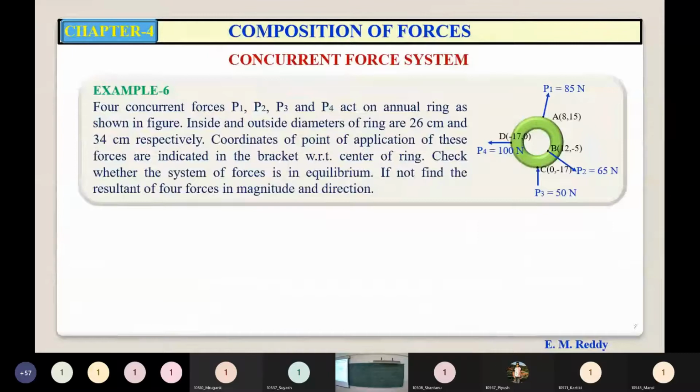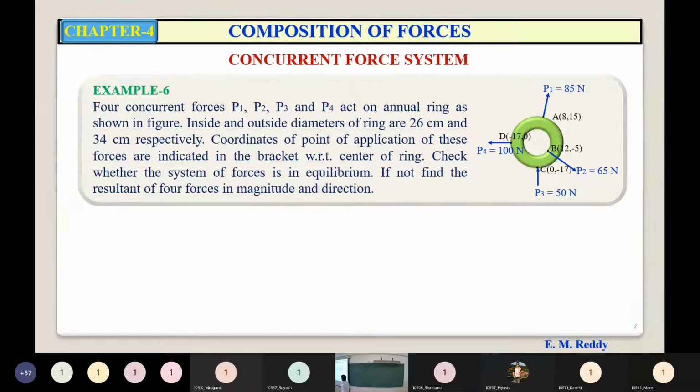Please note this example number 6. Four concurrent forces P1, P2, P3 and P4 act on an annular ring as shown in the figure. Inside and outside diameters are 26 and 34 centimeters respectively.